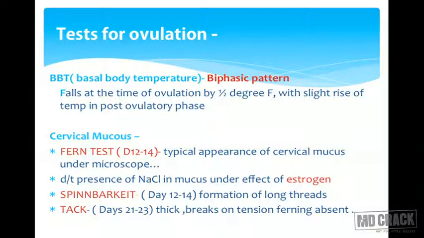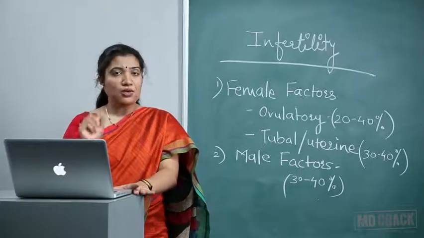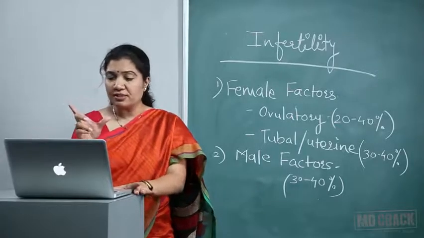Now what happens once there is ovulation and there is corpus luteum formation, progesterone comes in role and the secretions go on increasing gradually. So now the cervical mucus will change from thin, watery, sticky to thick. It would form a plug. It will not have that thready consistency.